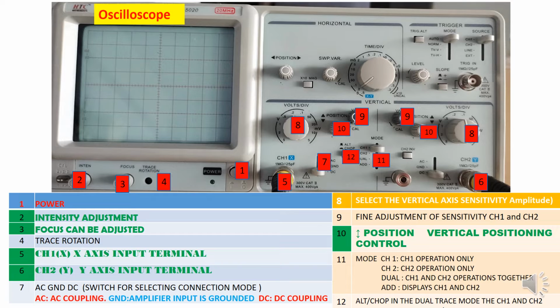The oscilloscope also has different provisions available, but we are using only these. Number one is power on/off, which we always have to power on, because to take the measurements power should be on. Number two is intensity adjustment, so if you want to change the intensity of the signal, that can be done from here.